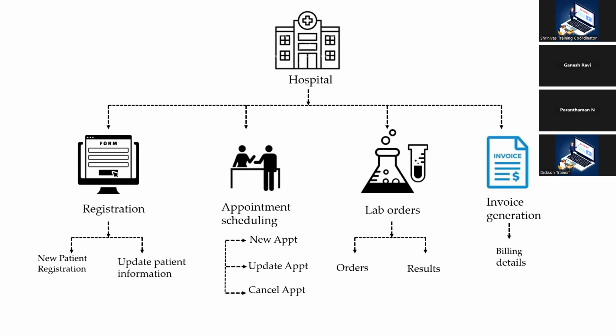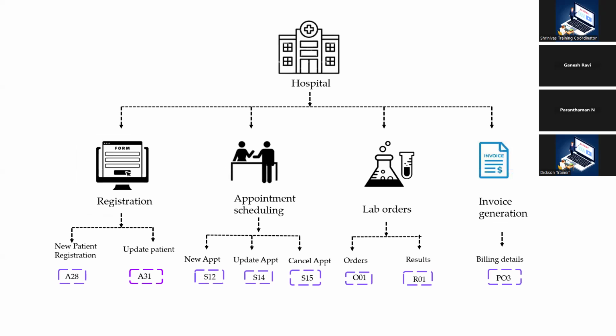Now, as I said, these are individual events in our local language terms. However, HL7 has its own dedicated naming convention and values for each one of these events that we are talking about. Let's go ahead and take a look at them. If you see registration, new patient registration is called A28.